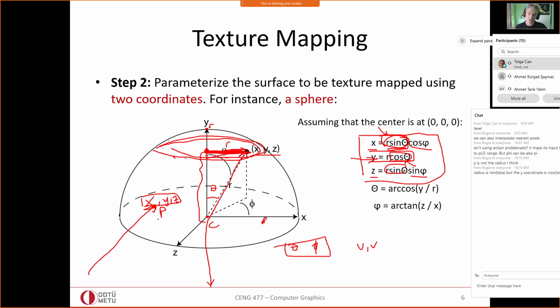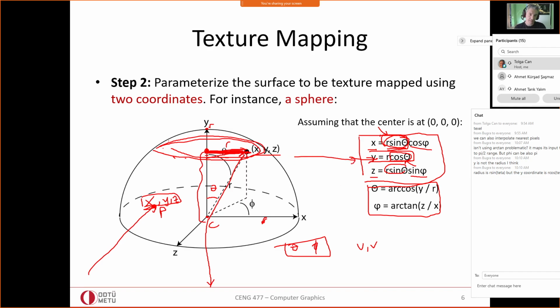But the first problem we try to solve: given an xyz value of a point our ray intersects with on the sphere, what are these theta and phi values? We can find that by using these two equations, using the same parameterization.